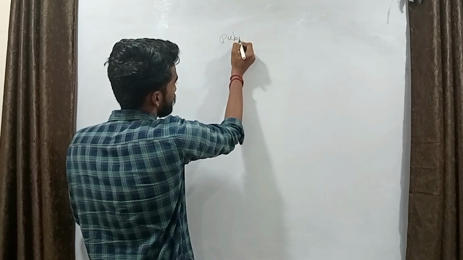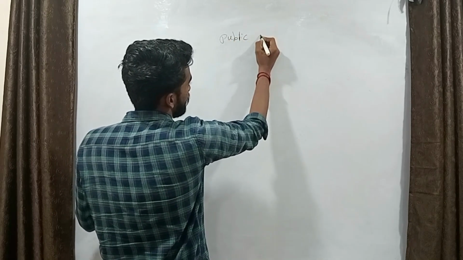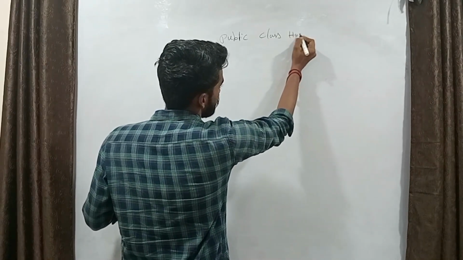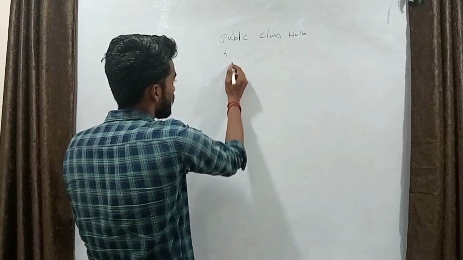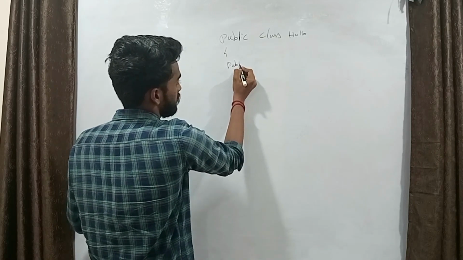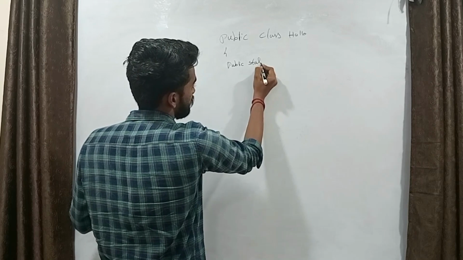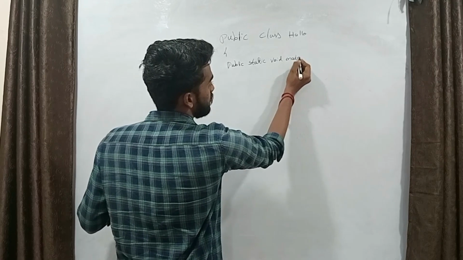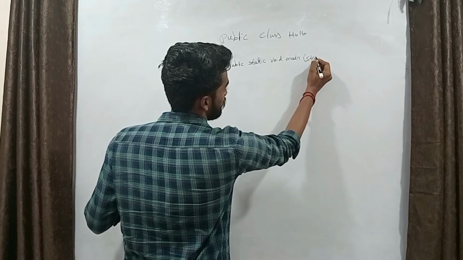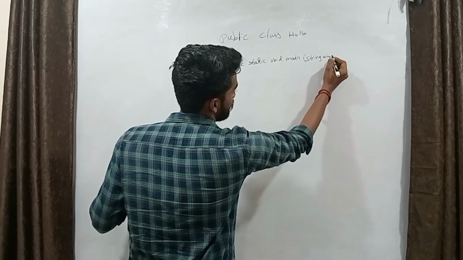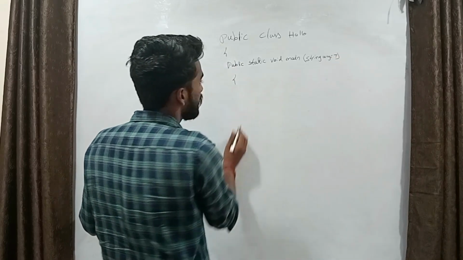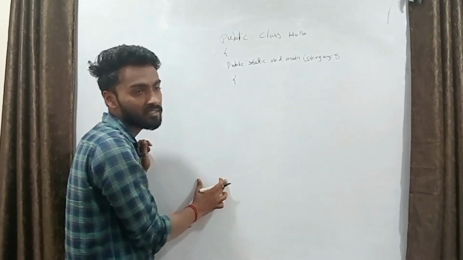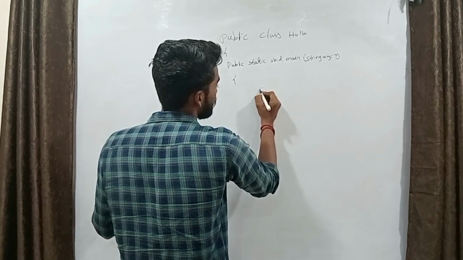Public class, I am taking the class name as Hello, writing the main method, and here I am creating an object for that String so that we can easily access that String.